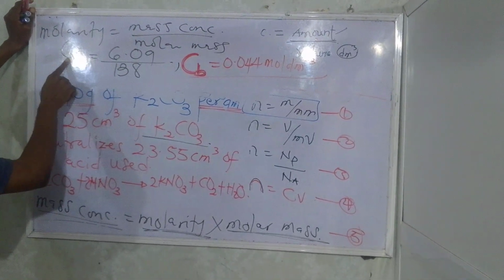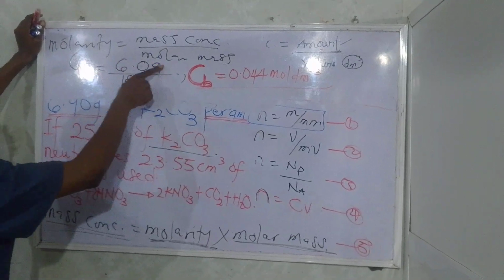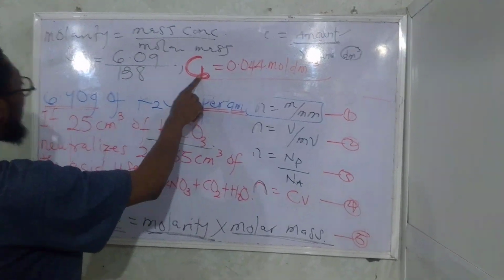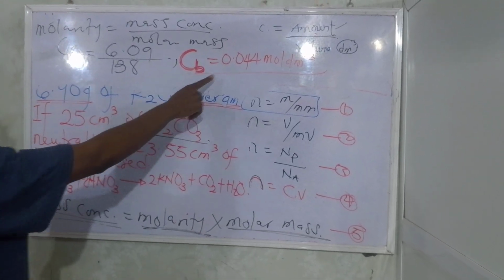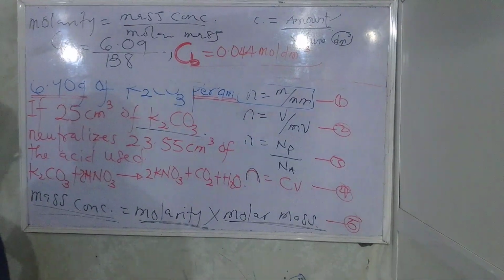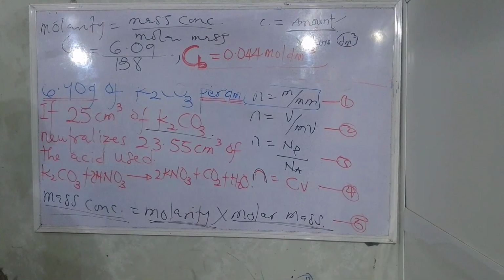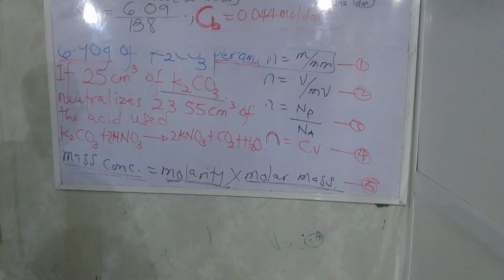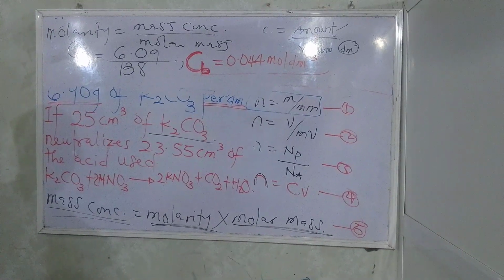So the concentration of B is 0.044 mole per dm cube. So that's the solution to that question. Okay, so we are going to the next question.